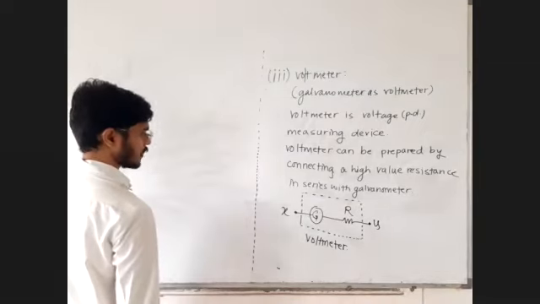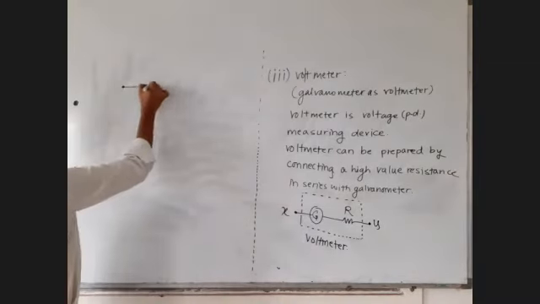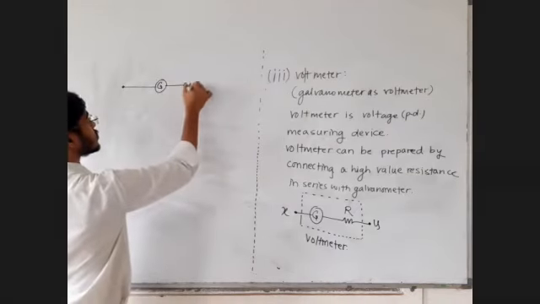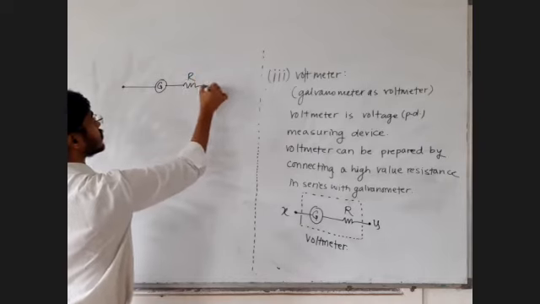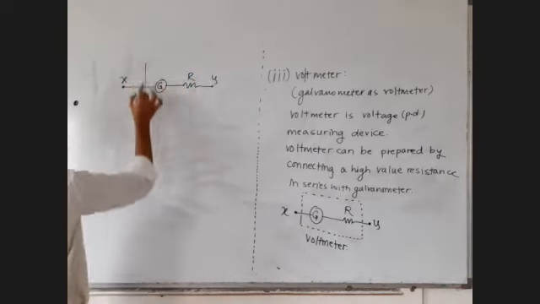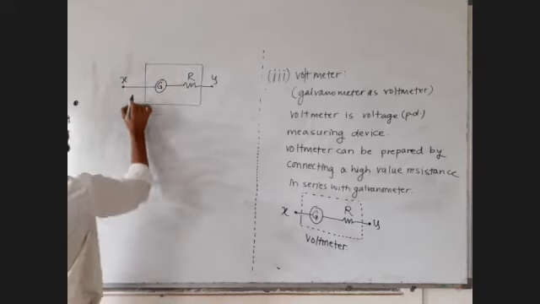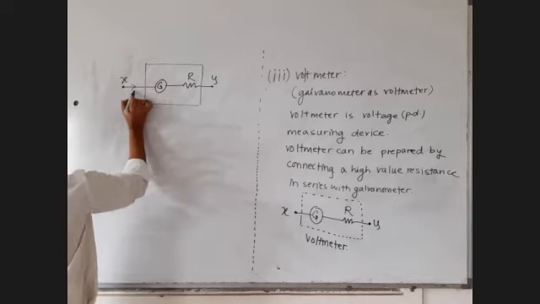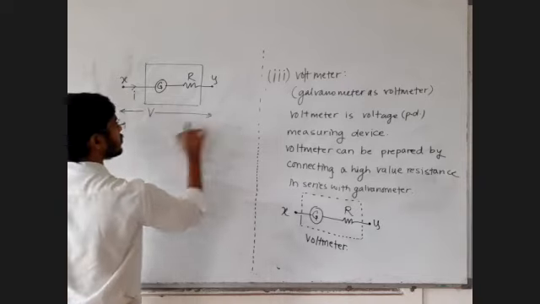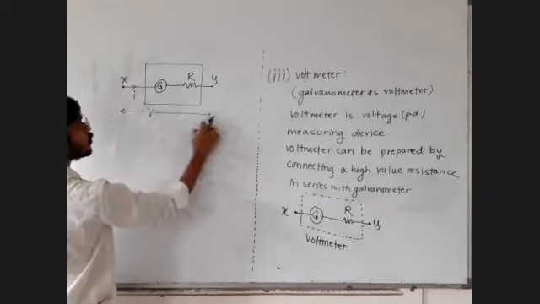Let's draw this diagram once again. Point X, galvanometer, resistance, point Y. This is our voltmeter. This is the current I. This is the total voltage V, which we want to measure. You can call it the main voltage.